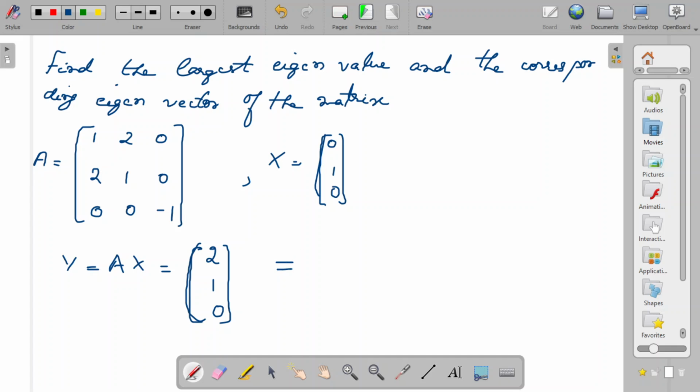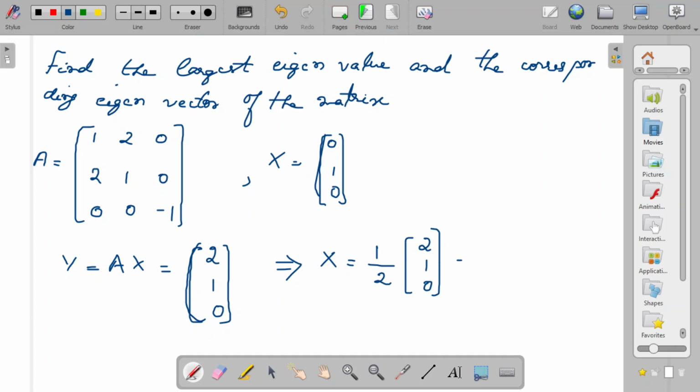Then what did I say? To find x, I will write x as 1 by k times y. Y is this one. And what is this k? K is the largest of the values in the matrix y. In the matrix y, the largest value is 2. So I will write 1 by 2 times 2, 1, 0.